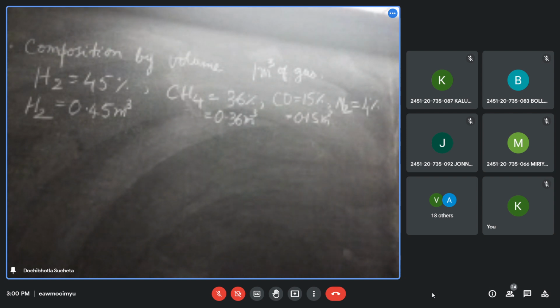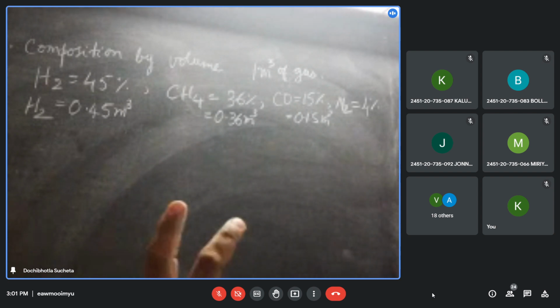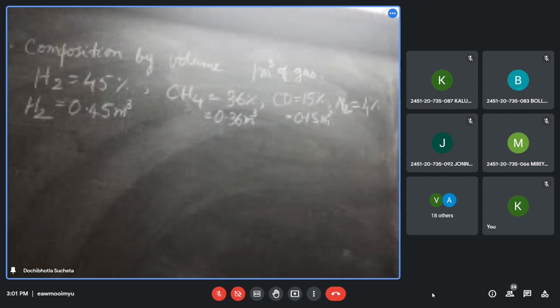Next, let me go ahead with the calculation. The volume of oxygen is what we require, followed by the volume of air. So first let me calculate the volume of oxygen required. Again I have to write the balanced equation.